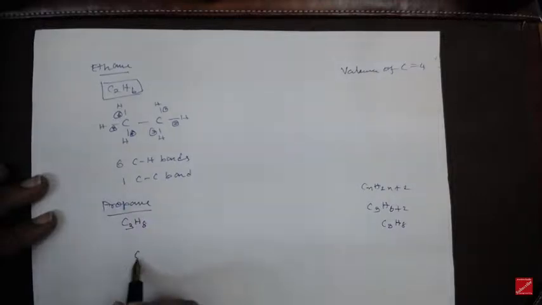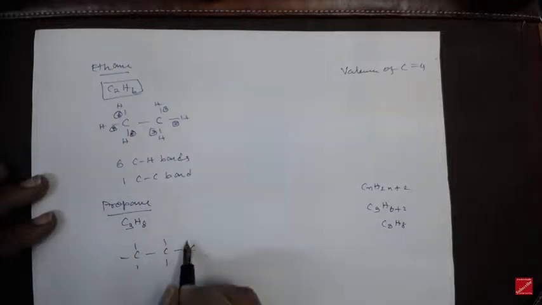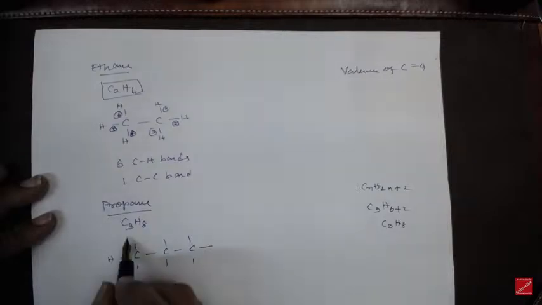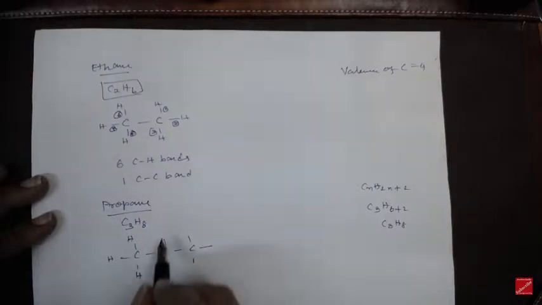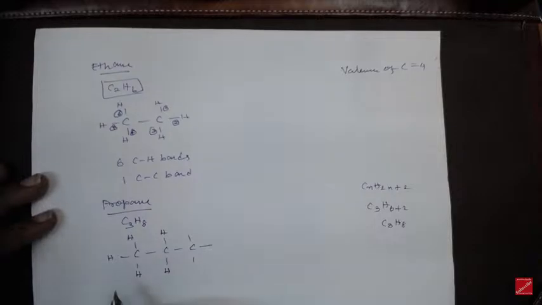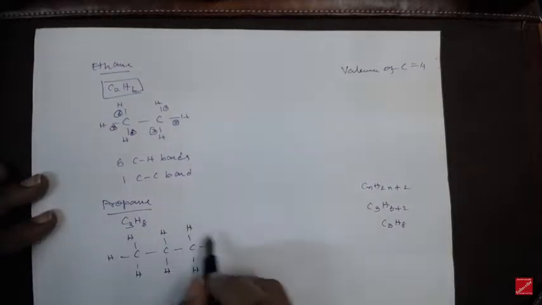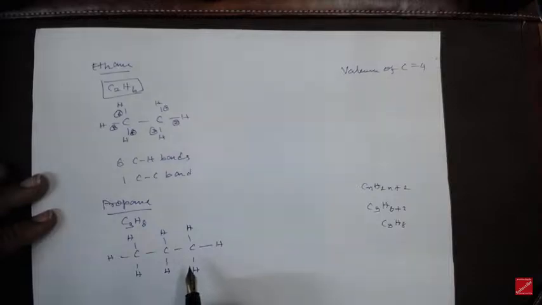Now draw the carbon atoms C3 and put the bonds like this. Okay, and fill up with the hydrogen. H, H, H, H, H, and H, then H, H. So you have CH3, CH2, CH3.